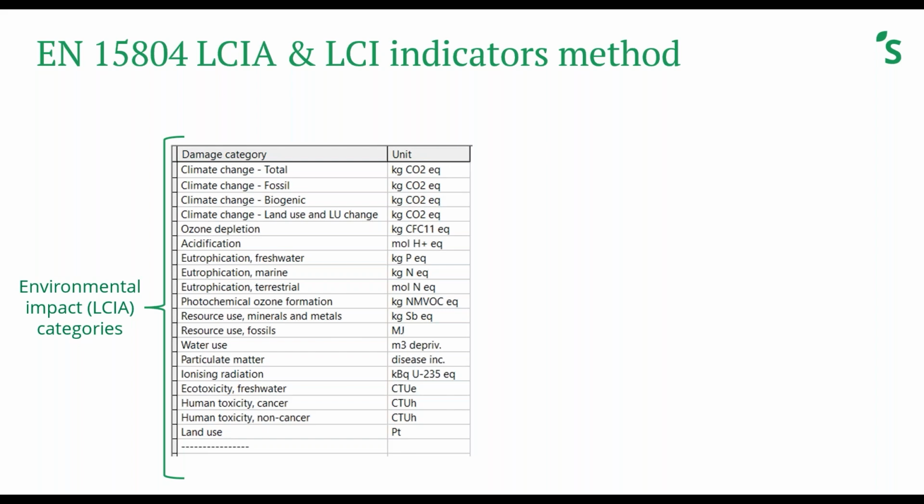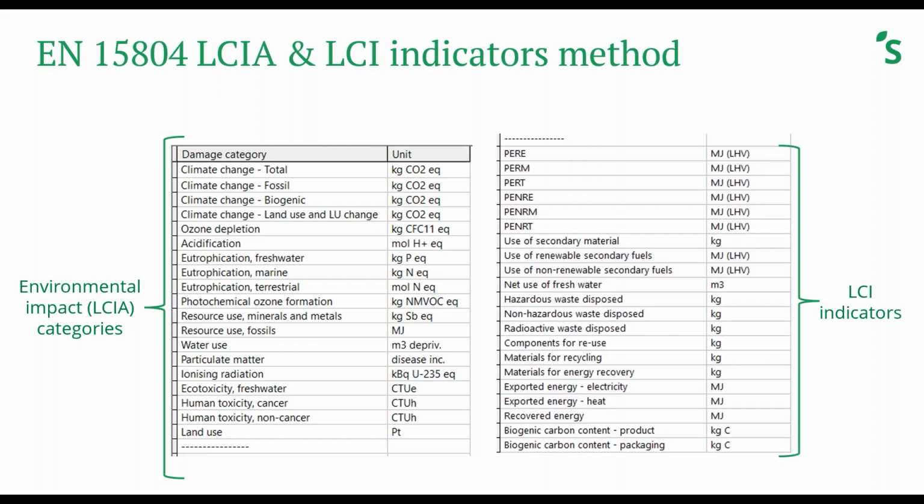Under the damage category, you find all the environmental impact categories that are part of the EN15804 plus A2. That is the climate change total, but also the fossil, biogenic, and land use change separately. I will not read it out loud.